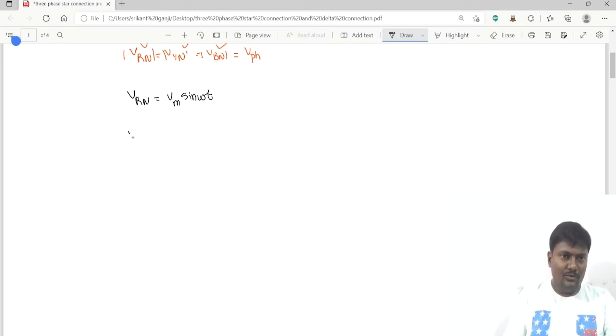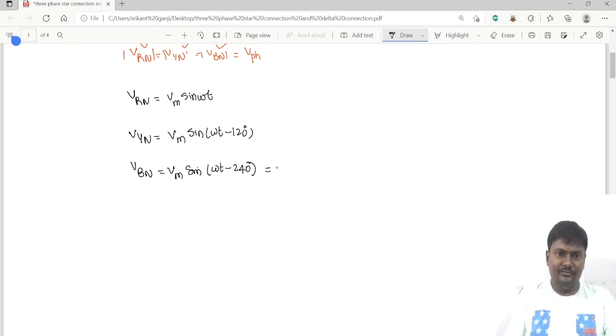So VYN is equal to Vmax sine of omega t minus 120 degrees, VBN is equal to Vmax sine of, it is lagging at an angle of 240 degrees, or Vmax sine of omega t plus 120 degrees.